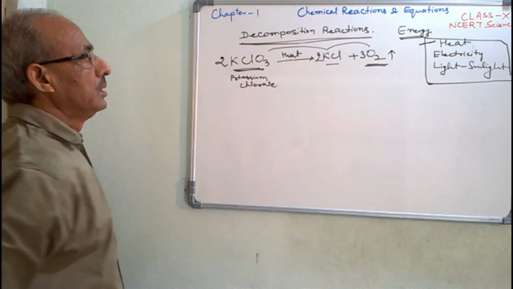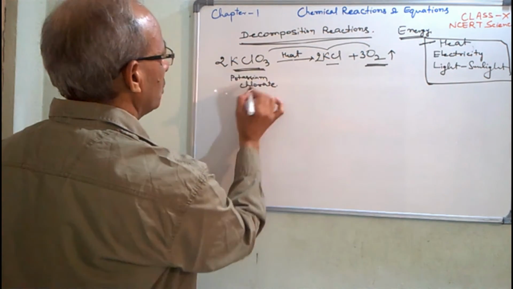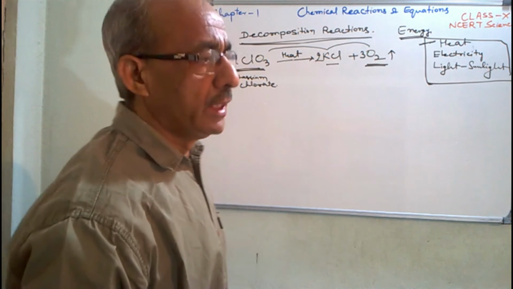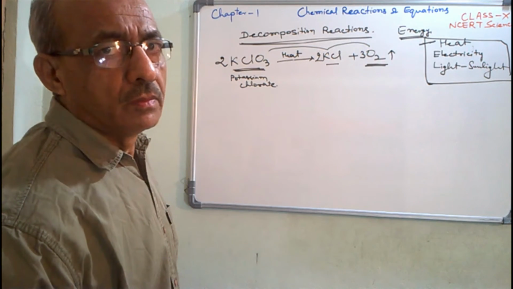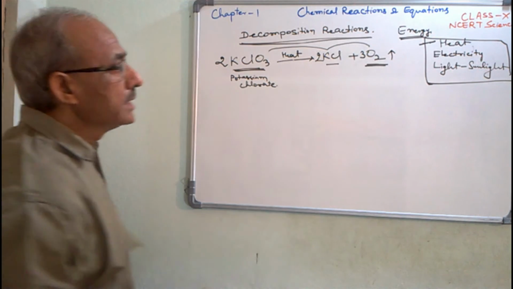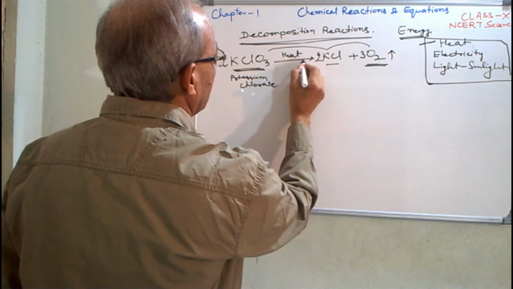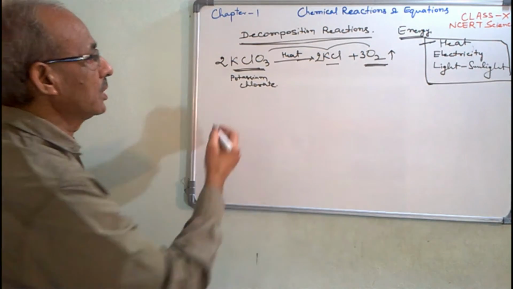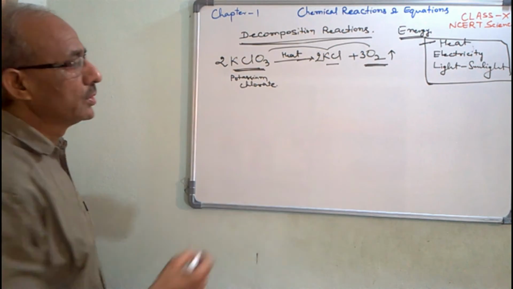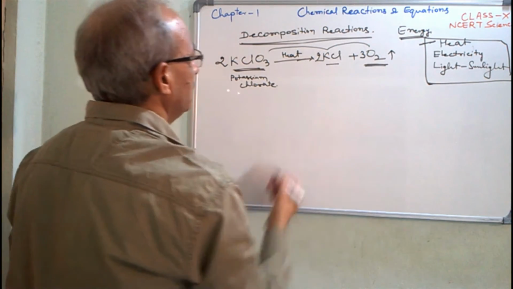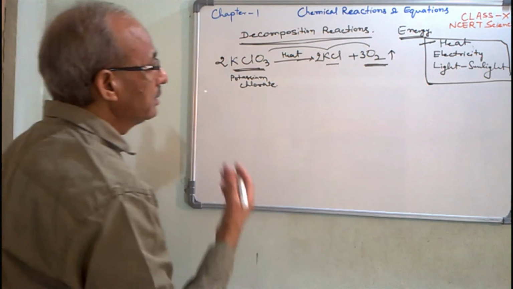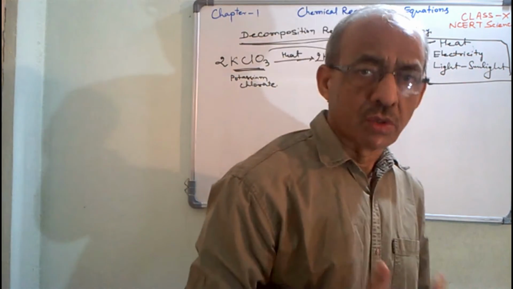But when the potassium chlorate alone is heated, the splitting of it to produce oxygen gas requires more heat. It should be heated strongly.